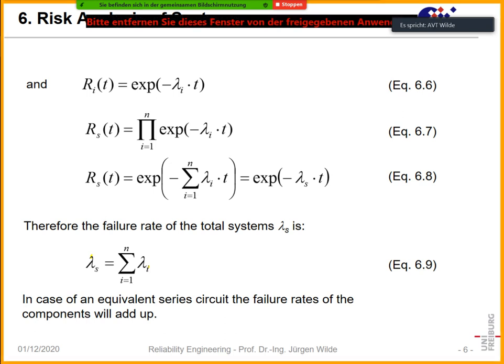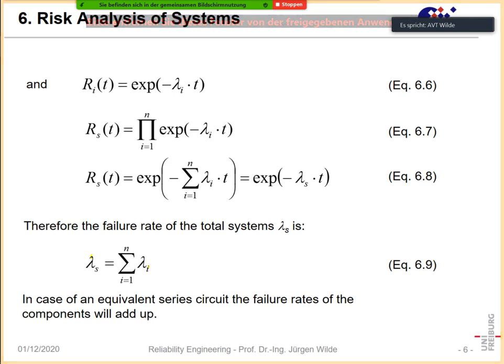On the other hand, we can modify it. Rs of t is e to the power of minus the sum of all lambda e, that's just simple mathematics, times t.